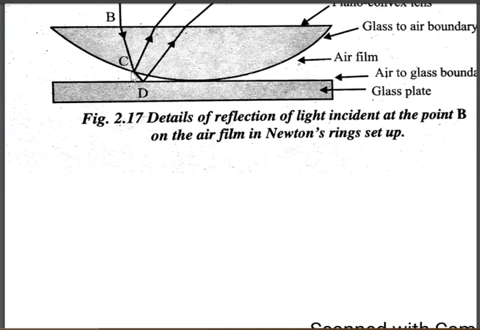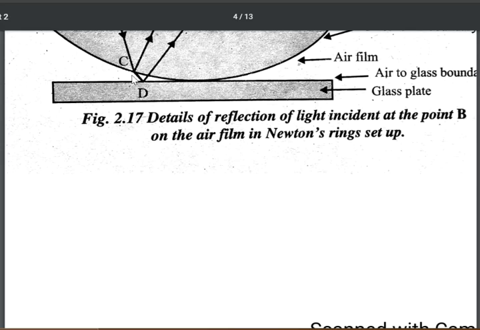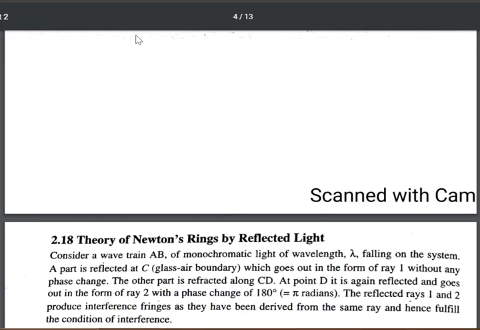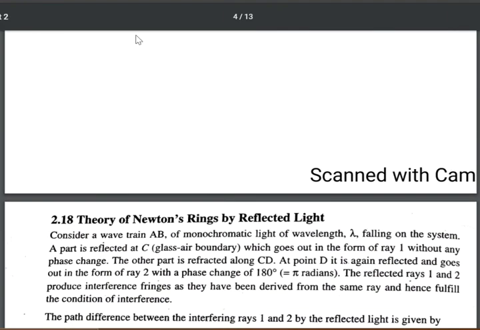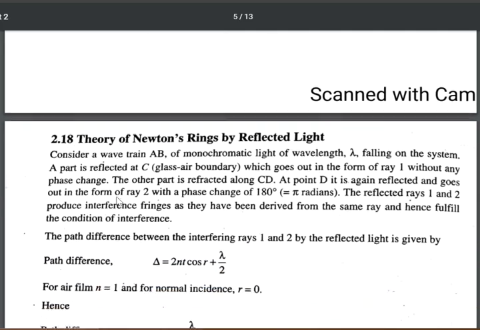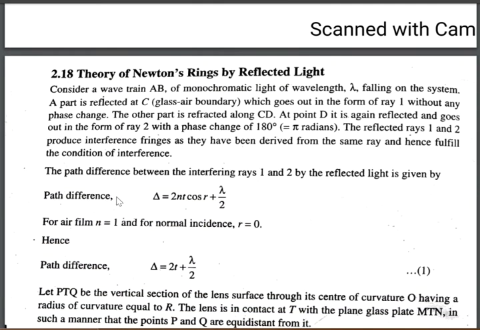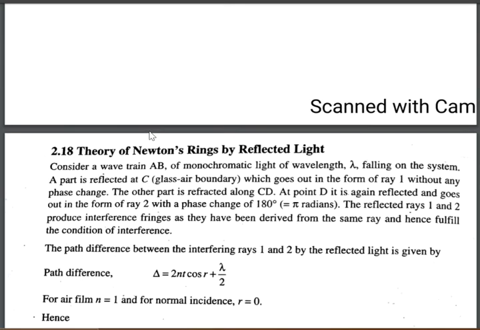At point C, a part of the incident light gets reflected by the convex surface of the plano-convex lens, that is the glass-air boundary, which goes out in the form of ray 1 without any phase change. The other part is refracted along CD. At point D it is again reflected and goes out in the form of ray 2.